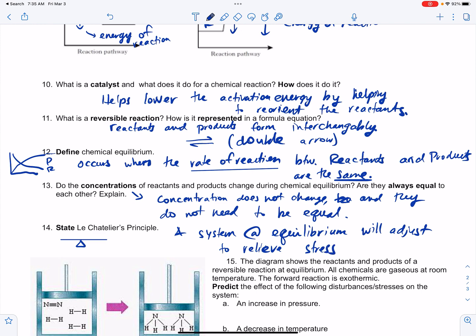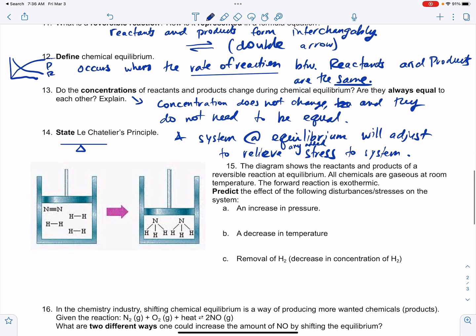Okay, by moving to the opposite side. So again, you're going to adjust to where you need to go. The goal is to relieve the stress in the system. Any added stress. Okay? All right.